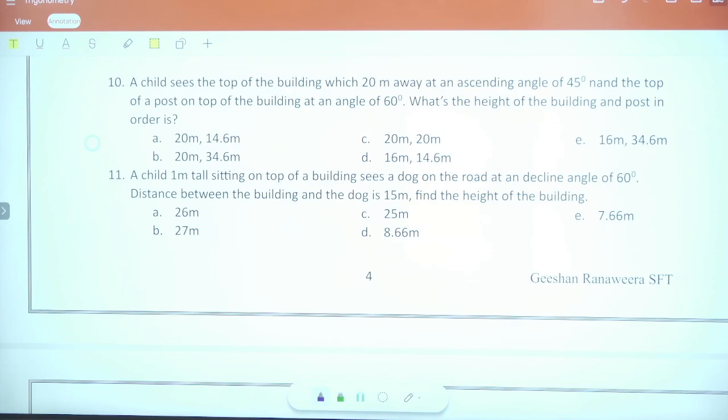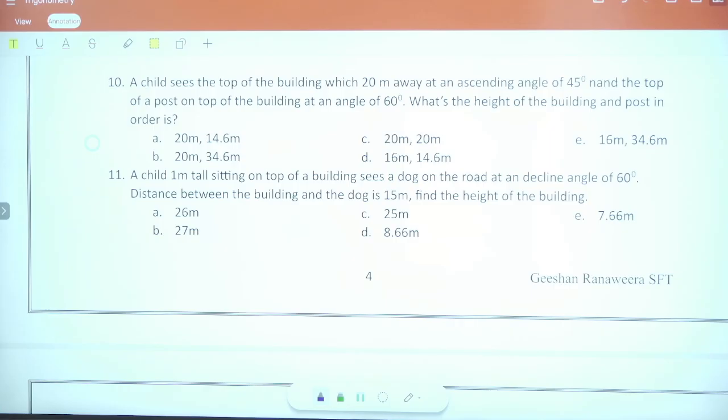Correct. What happened there? This is a building. Now you draw the post at 60 degrees of angle.